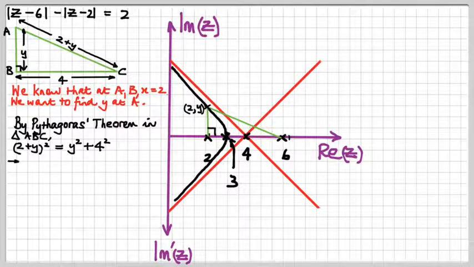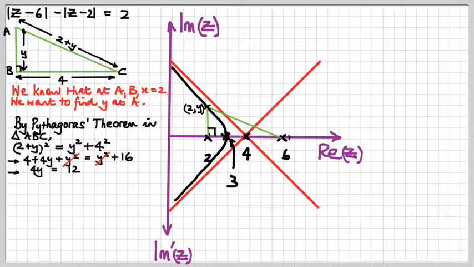Okay, so let's just solve this little equation here. That's Pythagoras' theorem in triangle ABC. Now, I'm getting too excited here. Is this right? 4 plus 4y plus y squared equals y squared plus 16. Yes. Cancel. And what do we get? 4y is 12, therefore y... Oh, how beautiful. Y is 3 for you and me.